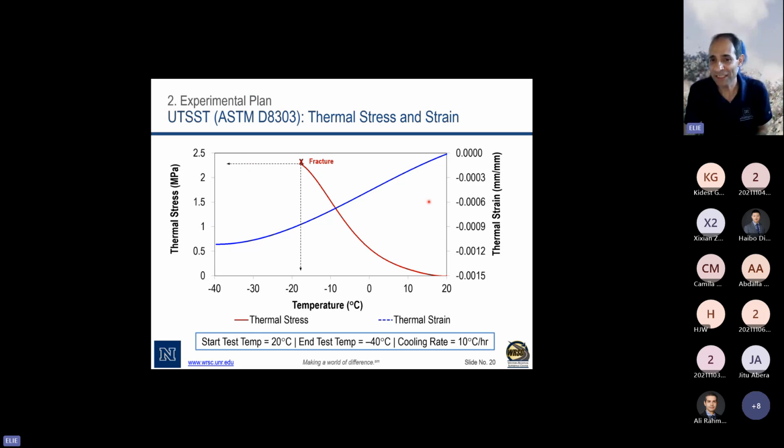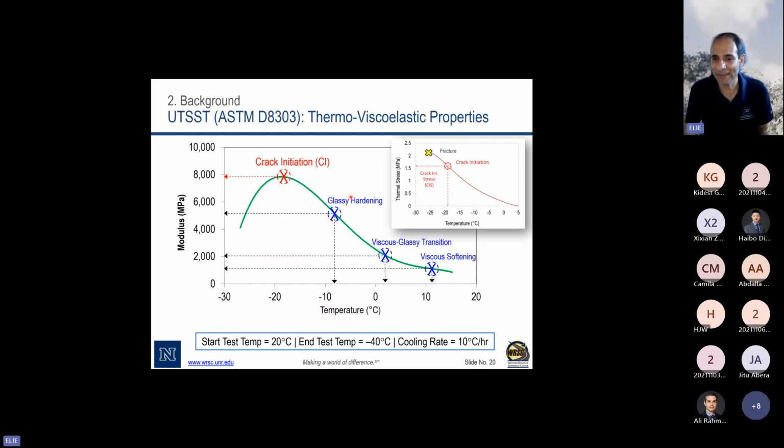So we have the stress, we have the strain, we do calculations, right? And mathematically, we come up with a modulus. We call it the thermal modulus as a function of temperature. And when we look at the curvature of that modulus, we identify those different zones that I talked about. And you're going to notice that the modulus is going to reach a peak, and then it drops.